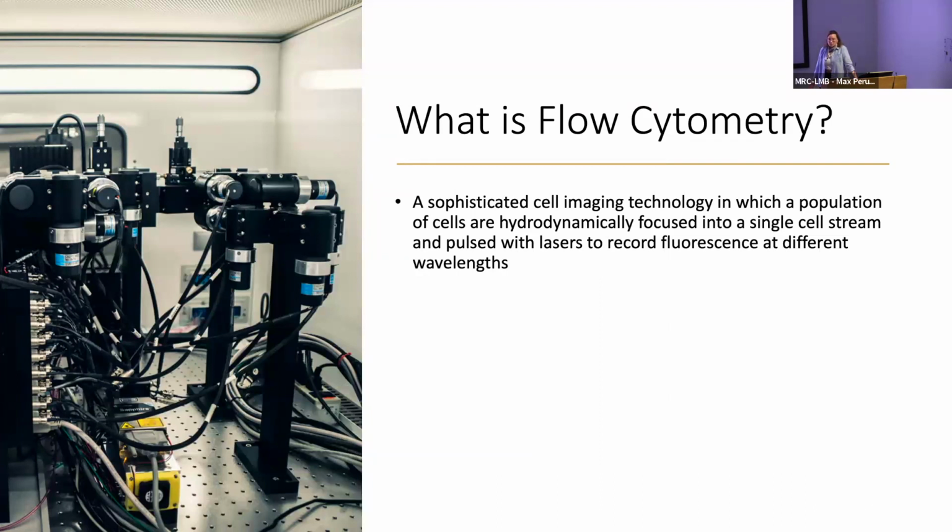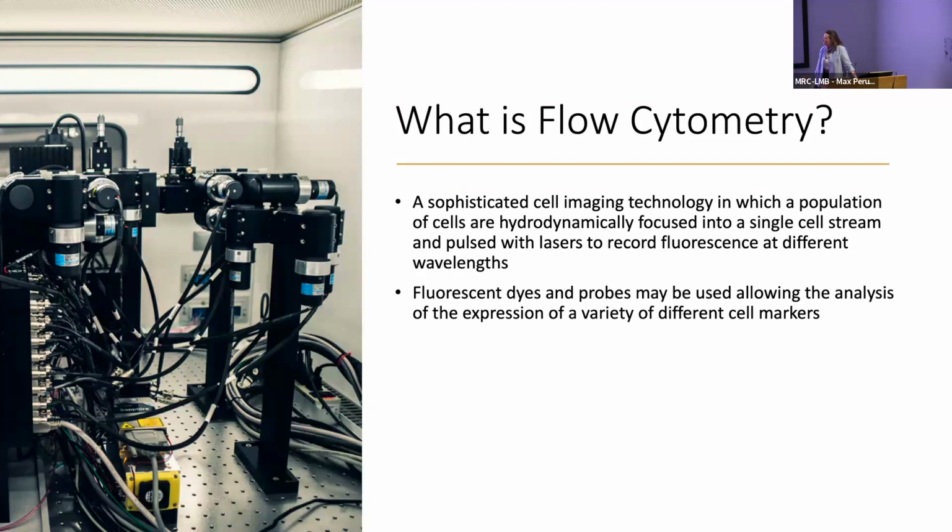Modern day sorters now can be equipped with up to 9 different lasers, many different types of wavelengths. And of course, not dissimilar to typical microscopy, the intercept point of the cell going through the laser is very, very fast. So this avoids any kind of viability issues or photo bleaching effects that you would potentially get with typical microscopy.